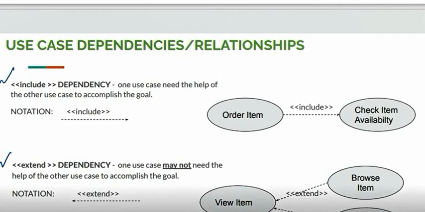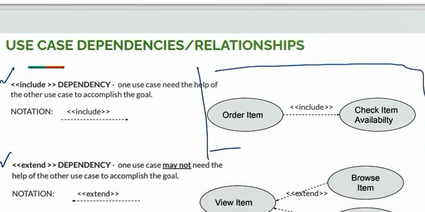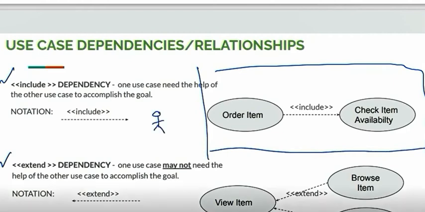So when is this applied? For example, when are we going to apply the include dependency? Let's take a look at this example. We have here two use cases. Let's say there is an actor here. Now this use case illustrates the functionality of an online shopping application.